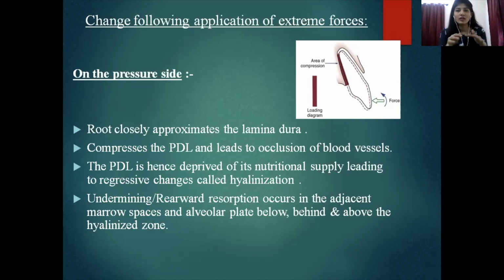So we don't want this in our assembly, because it is the moving of the living structure from point A to point B. So while applying forces, if the forces get out of control or are more extreme than the optimal force level, then a necrotic area is going to form on the pressure side of your bone, and hence there is necrosis, there is hyalinization.